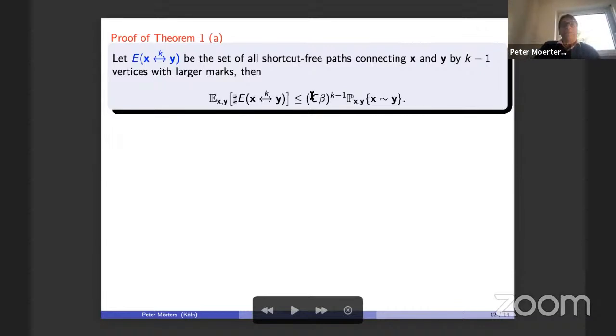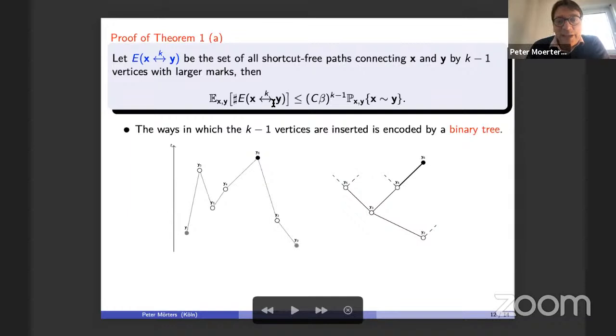So this is what you have to prove, and the problem in this proof is the combinatorics of these paths of length k. There can be a lot of different paths of length k, and we need to classify them in order to use the estimates.